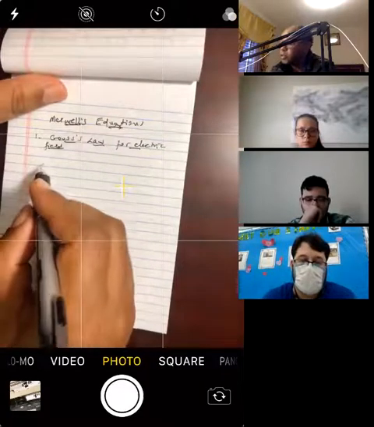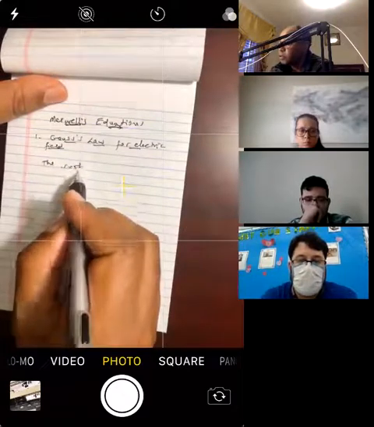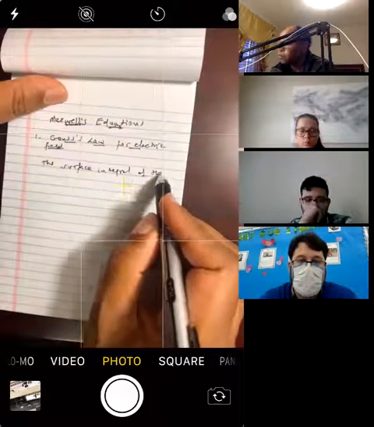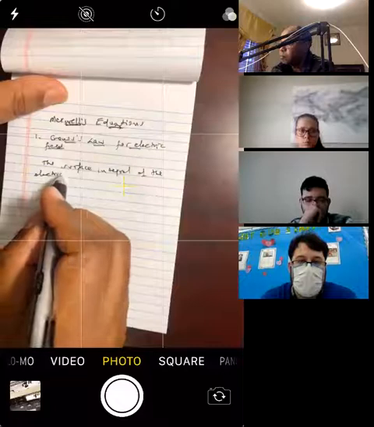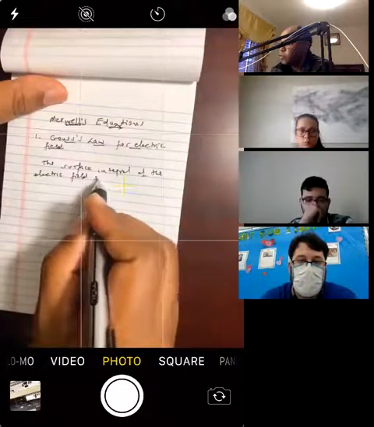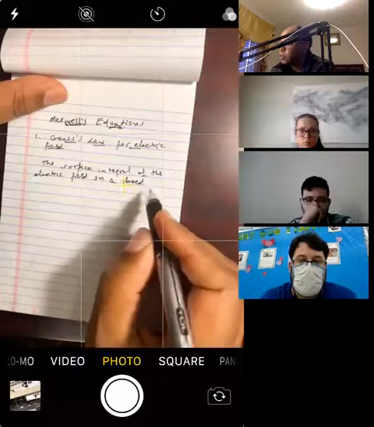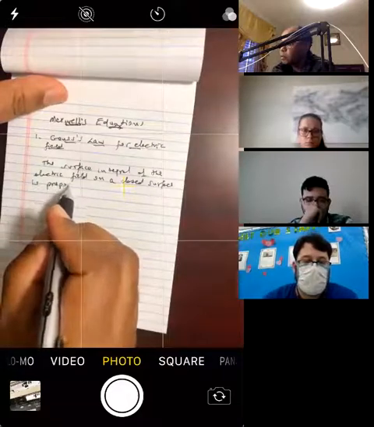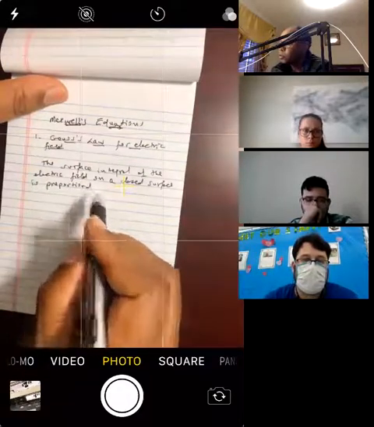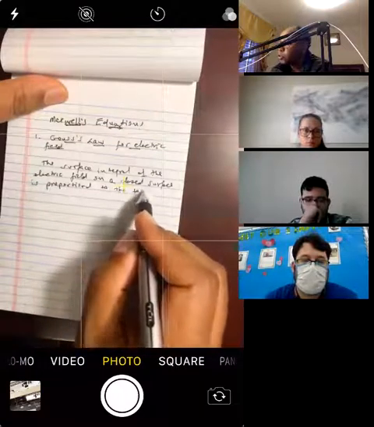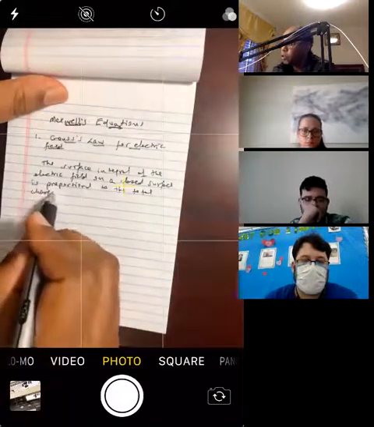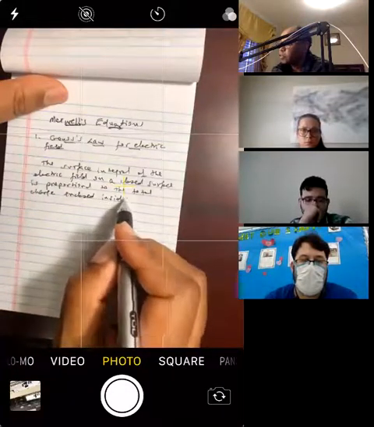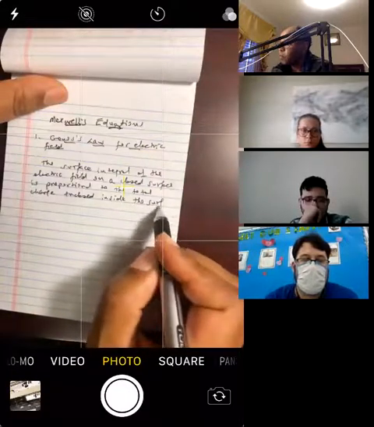So this law says the surface integral of the electric field on a closed surface is proportional to the total charge enclosed inside the surface. This is one of Maxwell's equations.